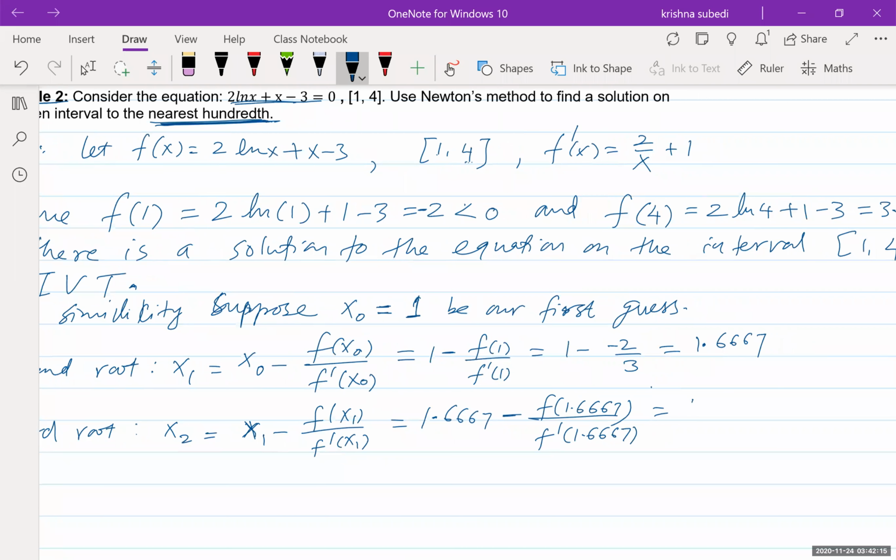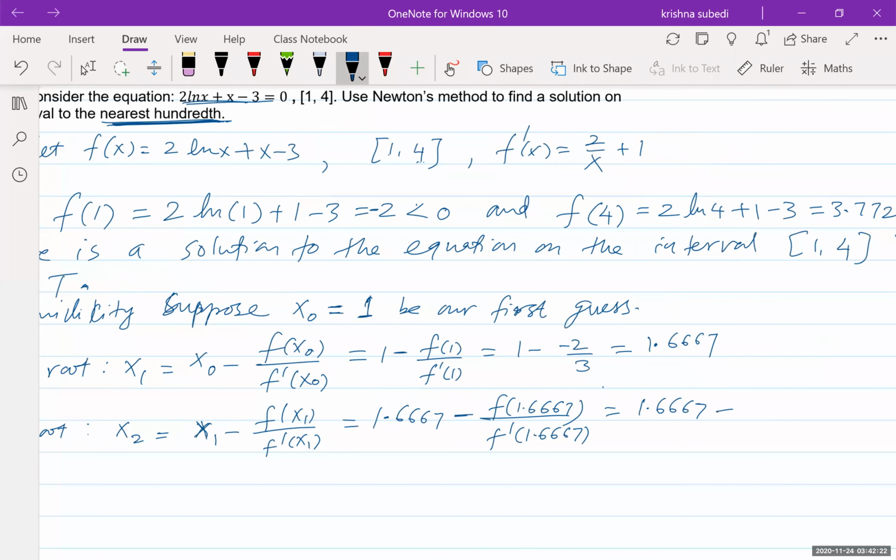And 1.6667 minus, let me plug in this value in my calculator in the function. My calculator is giving me, this is to be negative 0.3116.